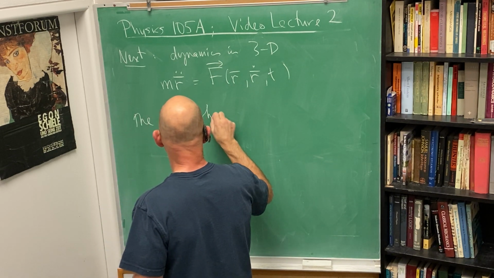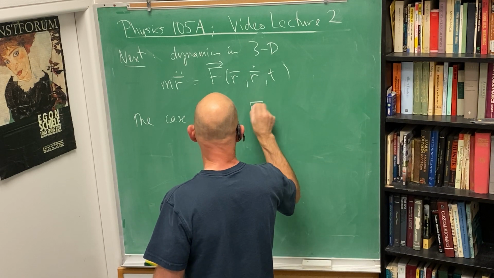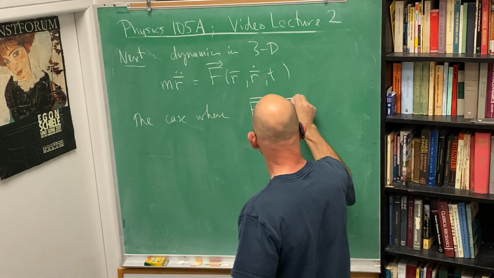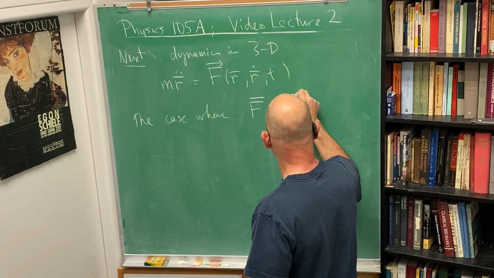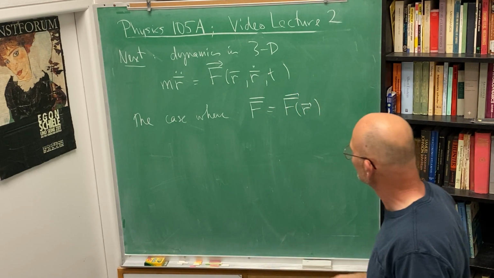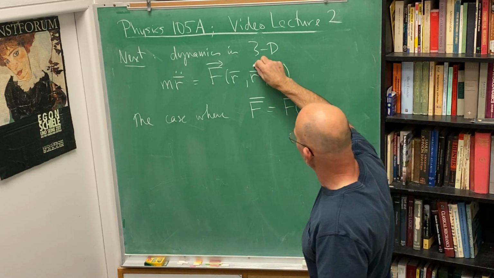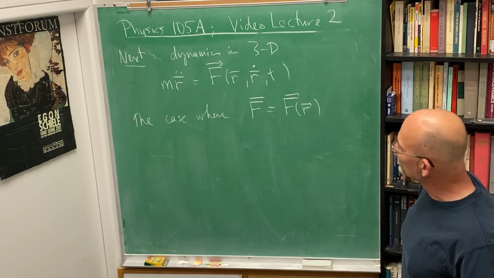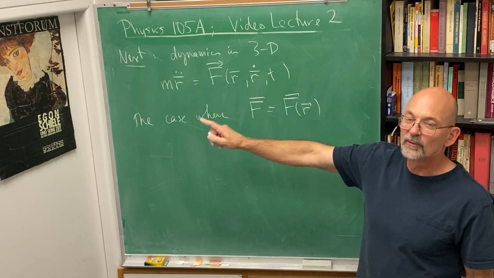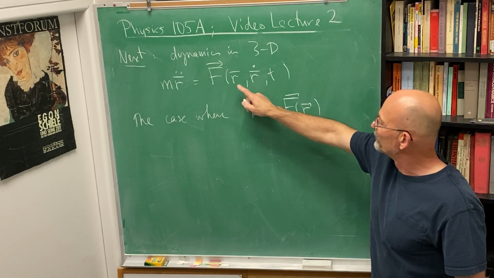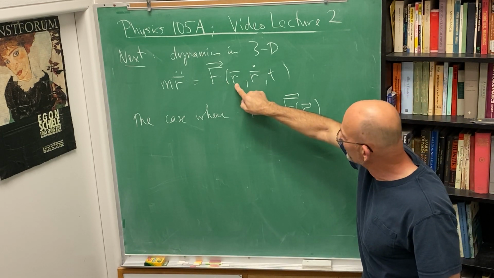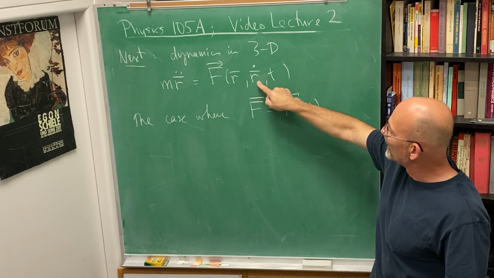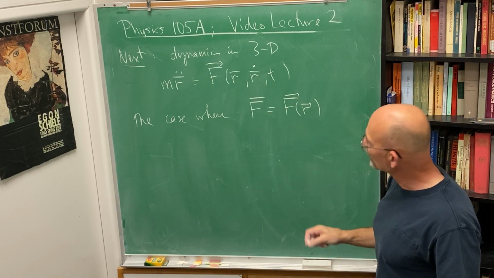So the case where F equals F of r. The charged particle in the crossed electric and magnetic fields had a force as a function of the position and the velocity. This time it's just the position alone.